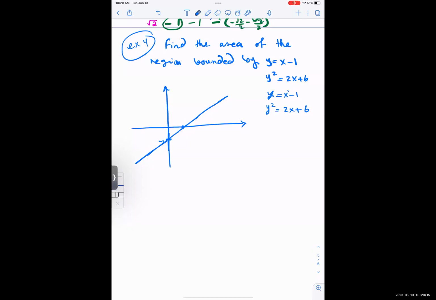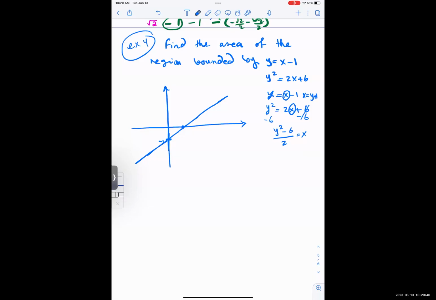Maybe the easiest way to solve this is if I isolate x. From the first one, if I isolate x, I get y plus 1. And from the second one, if I isolate x, I get y squared minus 6 divided by 2. That's the x.